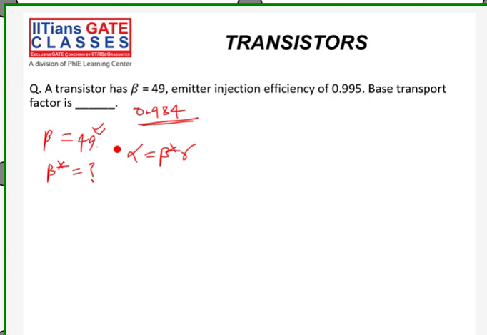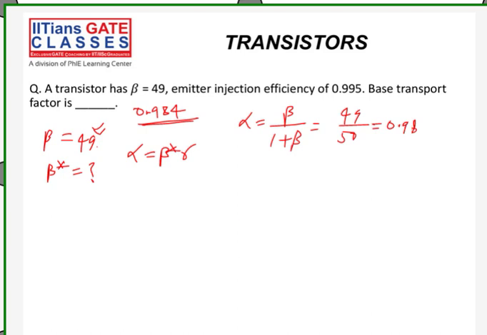So beta we have, so alpha we can calculate. Alpha will be beta divided by 1 plus beta, means 49 divided by 50, which is 0.98.